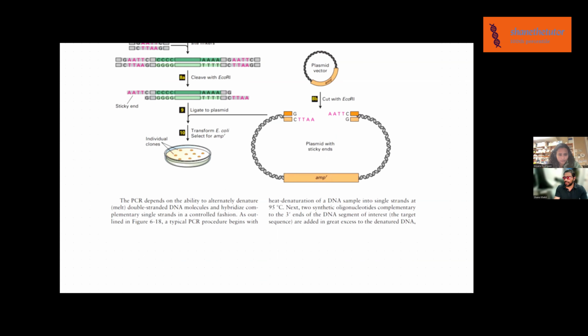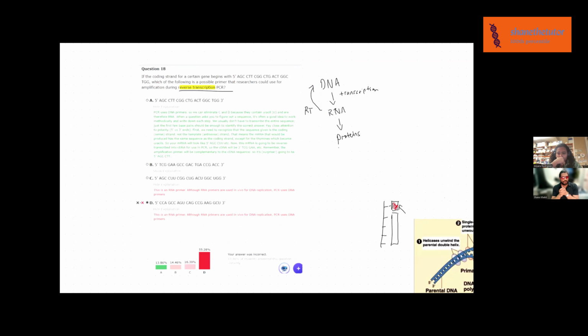So just think of PCR as, okay, think of regular DNA replication as using RNA primers, and the purpose for any primer is to provide a free 3' hydroxyl group, right?